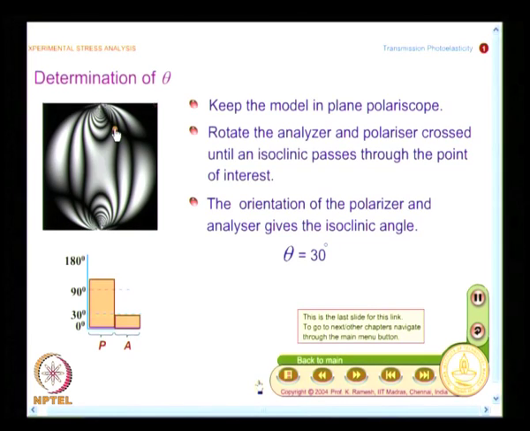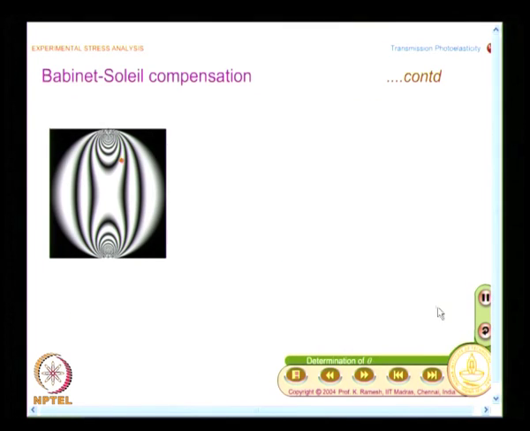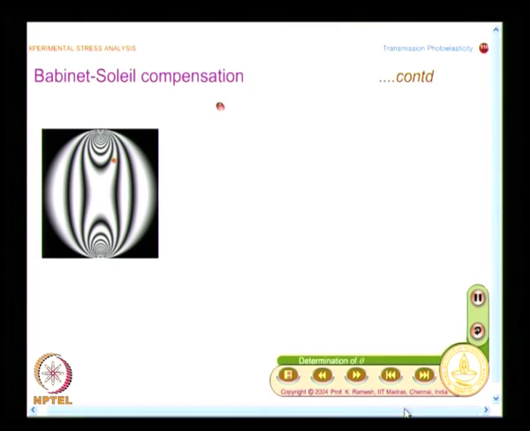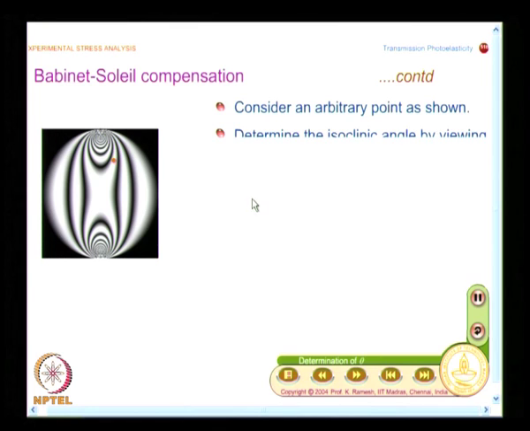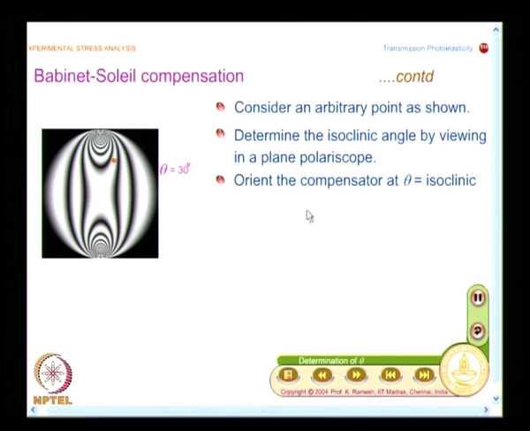So, now what we see is we have identified theta at the point of interest. Now, we go back and see how do I use this information. We have determined the isoclinic angle by viewing in a plane polariscope, and what I need to do is orient the compensator at theta equal to the isoclinic angle.